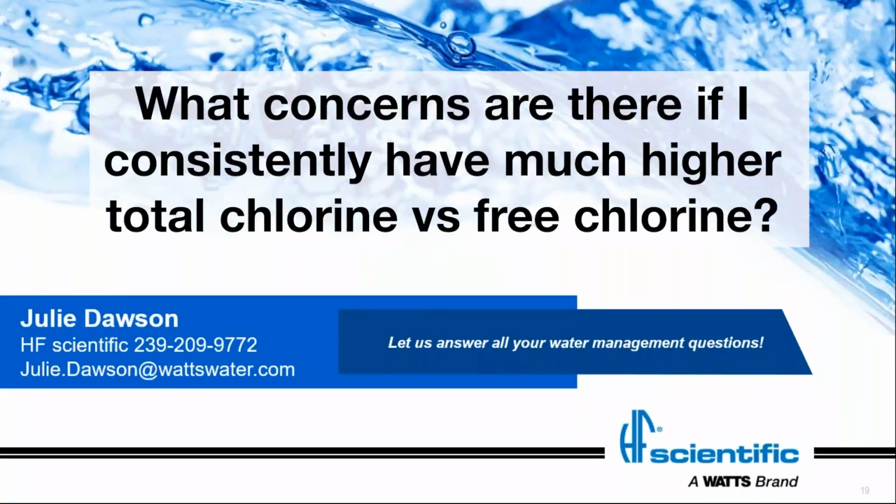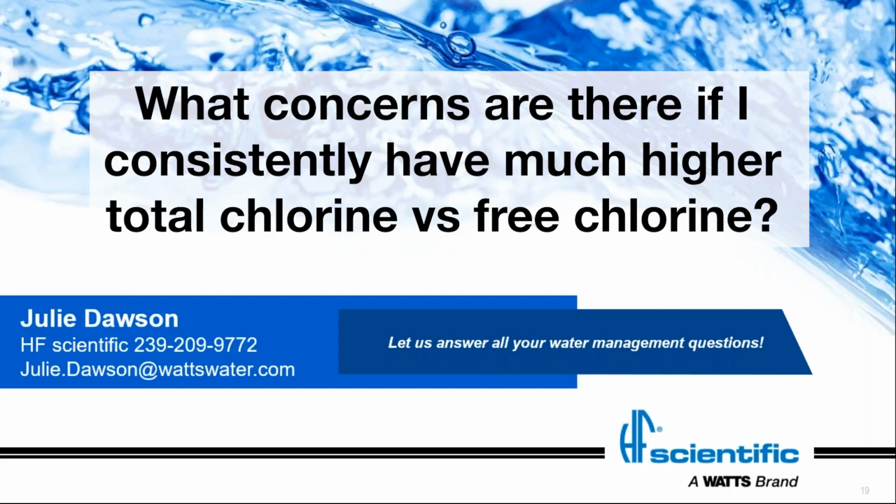Well, I mean, your chlorine is being complexed if you have much higher total chlorine. So it depends on your system. Certainly if I'm chloraminating, I expect mostly total chlorine, right? I don't want to have free chlorine if I'm chloraminating. But if I'm chlorinating and I'm using a lot of chlorine, the differential is telling me that it's being complexed with something. So what am I complexing it with?